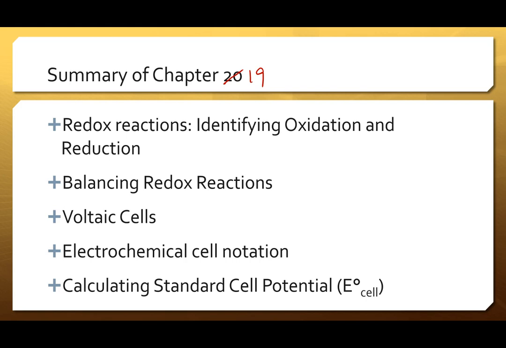So that's where we go through and we split it into two half reactions, make sure the atoms are balanced, make sure the electrons are balanced. Then we applied that to a voltaic cell. We did a shorthand of the voltaic cell, so that was the electrochemical cell notation. And then we calculated the standard potential for those voltaic cells.